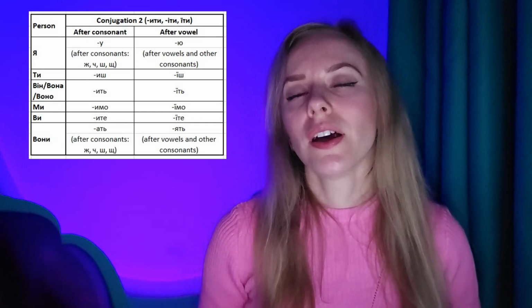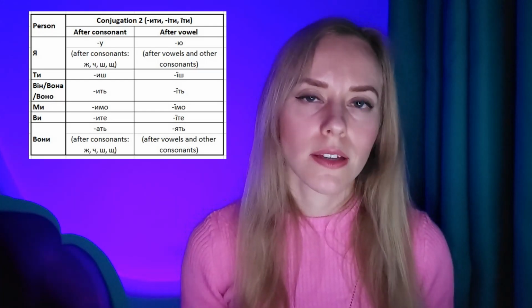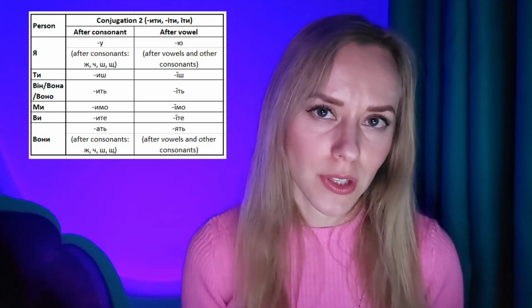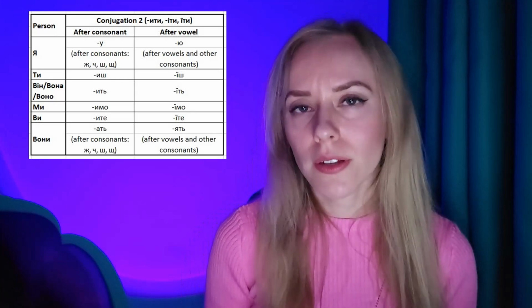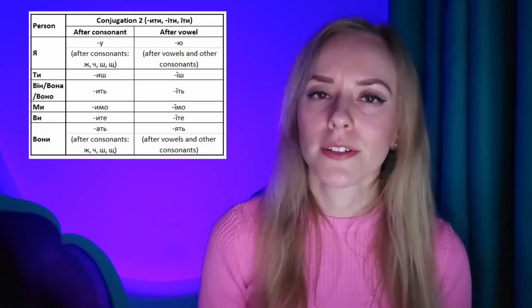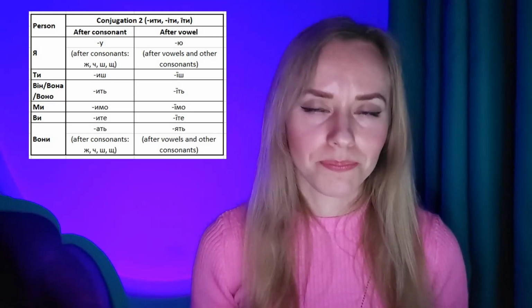So you see, usually after the consonants ч, ж, ш, щ, we use у for the first person and ать for the third person. And after other consonants, we use ю for the first person and ять for the third person.